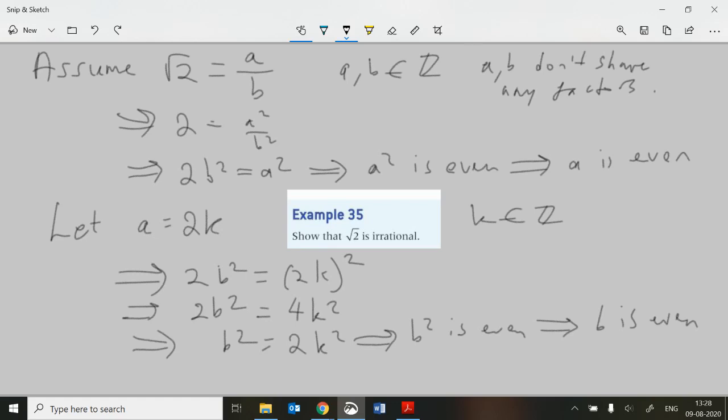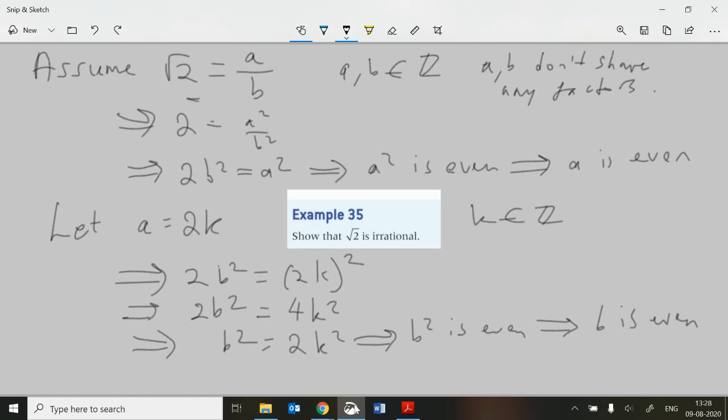That was our setting up of our fraction, our rational number in its simplest terms, as all fractions can be simplified, cancelled to their simplest terms. We said that a and b don't share any factors, but now we're saying that a is even, and that b is even. So therefore, they do share common factors.